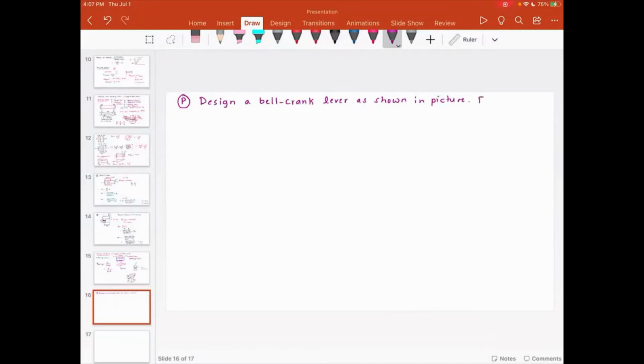Find the dimensions of the cross section and pin diameters. And this lever looks something like this.